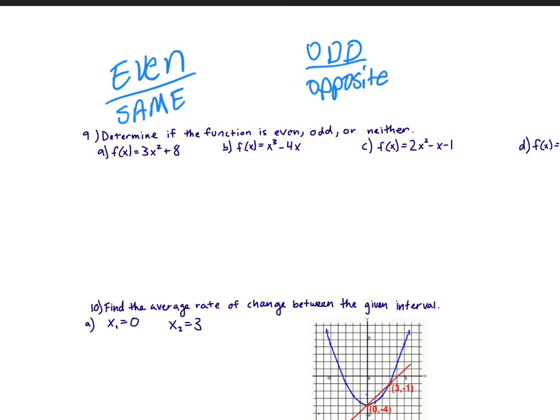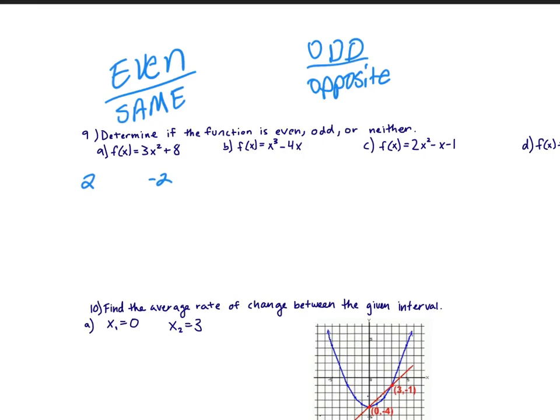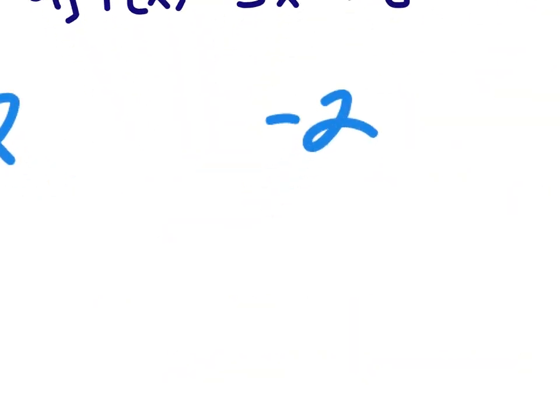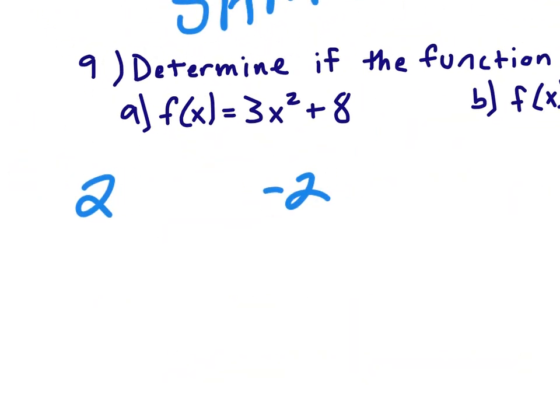You can pick any number you want. I'm going to do 2 and -2. You can't use 1. So I have 3 times 2 squared plus 8, and over here I have 3 times -2 squared plus 8. I suggest you always use parentheses.